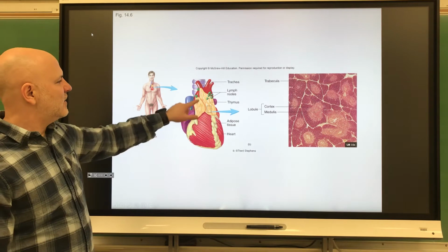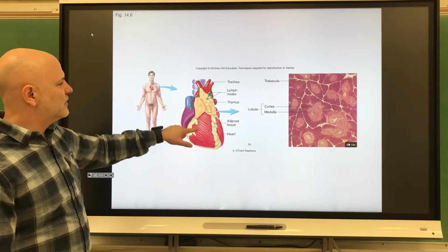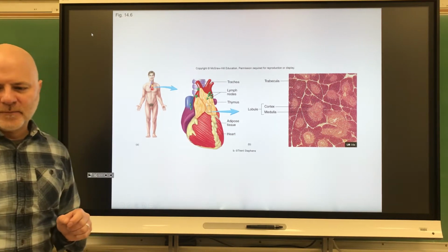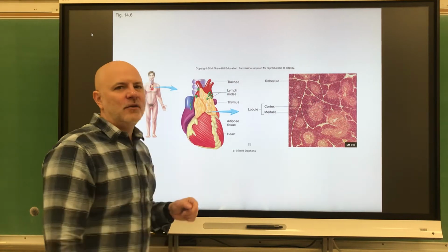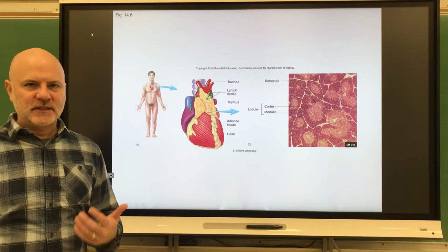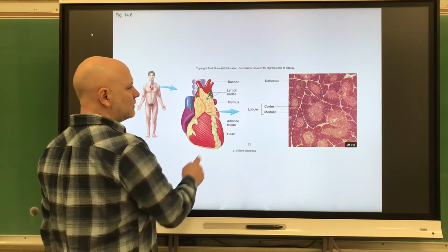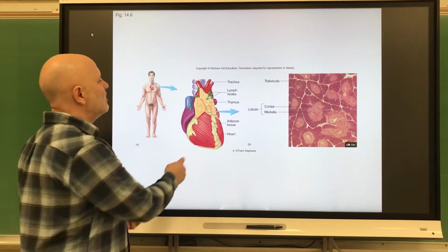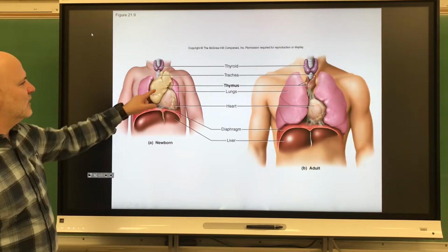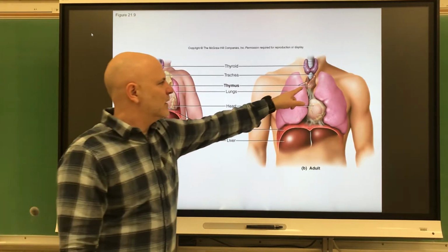All right, so next is a thymus gland. So this is the thymus here. It's this bilobed structure found above our heart. What the thymus gland is going to make is T lymphocytes. Now, T lymphocytes are some of our immune cells. Here's the thymus gland in a newborn. Here it is in an adult.